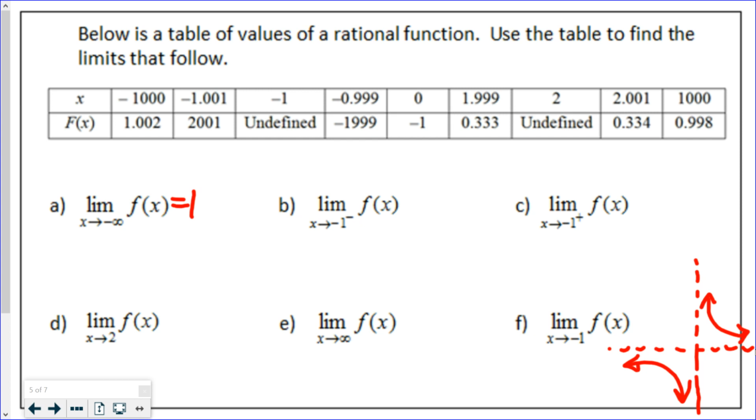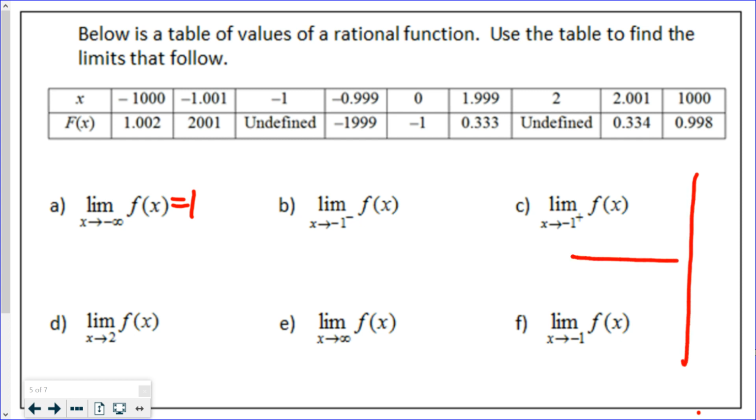Good. All right. And then we've got the left-handed limit. So from the left-hand side, as we approach -1, what's happening to my y values? I'm actually going to erase this and draw what we think is happening. So as we approach, let's call this guy -1, we're starting out here at like 1, right?